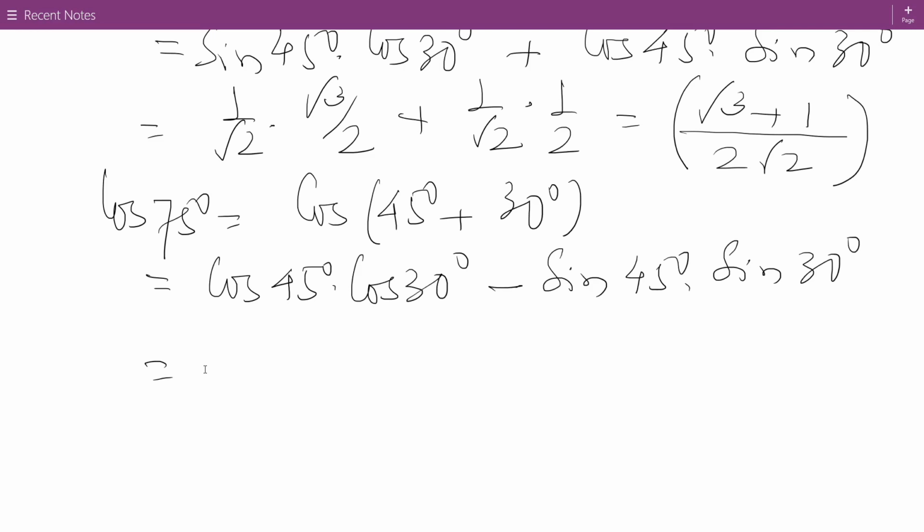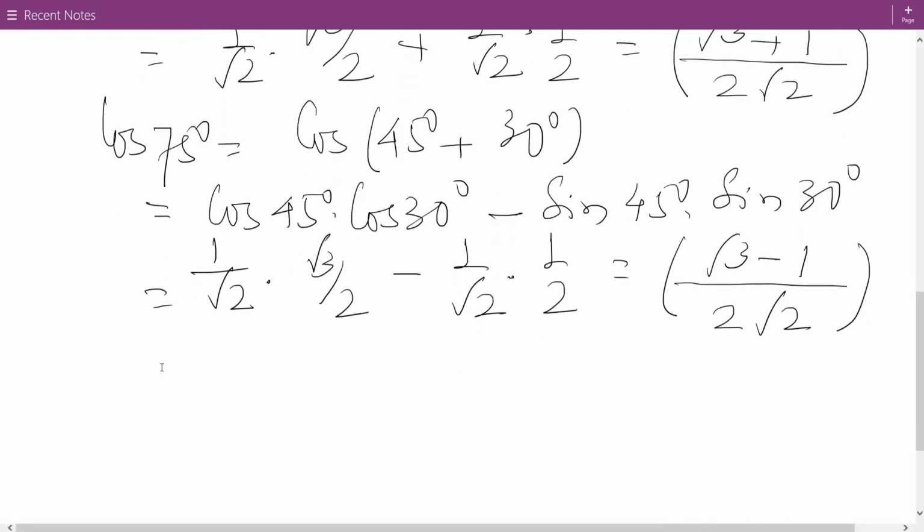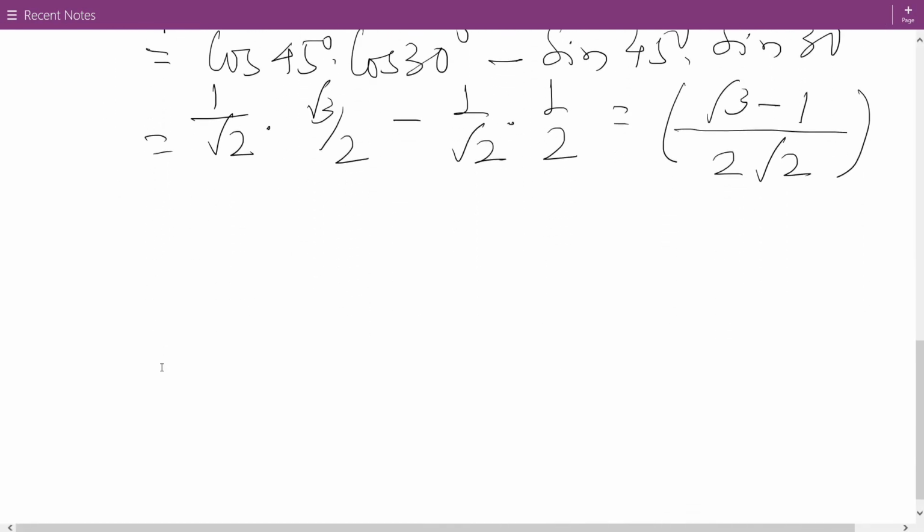What is the value of cos 45? You write 1 by root 2, cos 30 root 3 by 2, sin 45 1 by root 2, sin 30 half, then finally 2 root 2 with LCM and root 3 minus 1. In this way you find every value as per requirement.